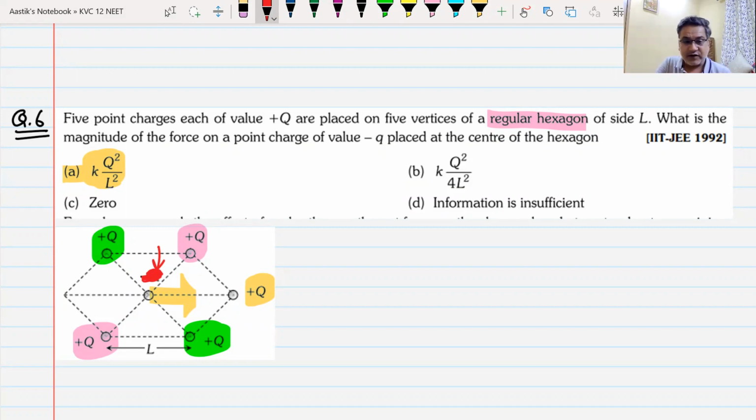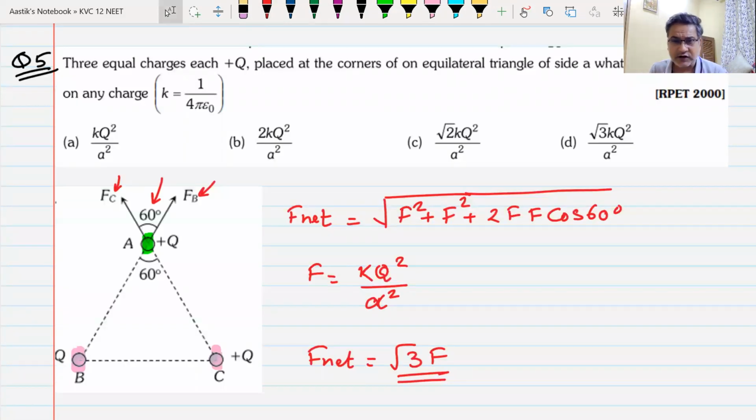In the previous question, the equilateral triangle question, we had found out the force on this charge. If I remove the charge, you can find out the electric field at this point. Do we understand this? Once you get the value of electric field, you multiply it by the charge which was there, and you will get the electrostatic force.